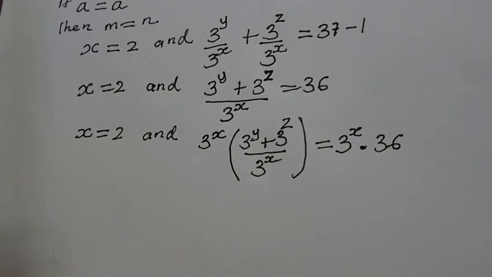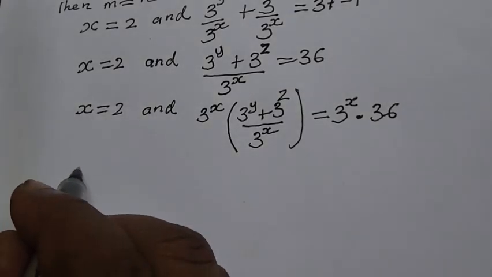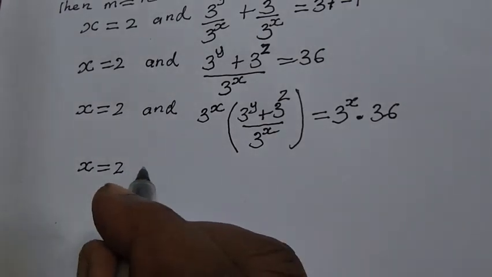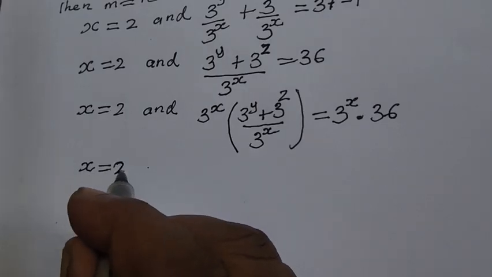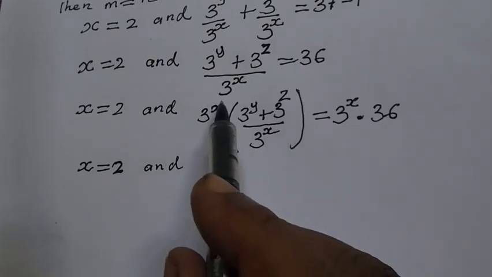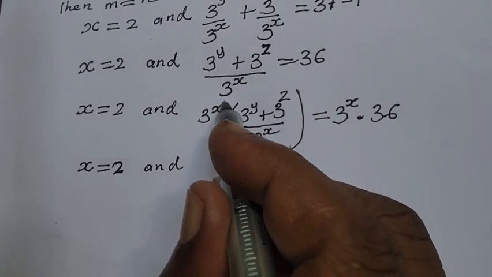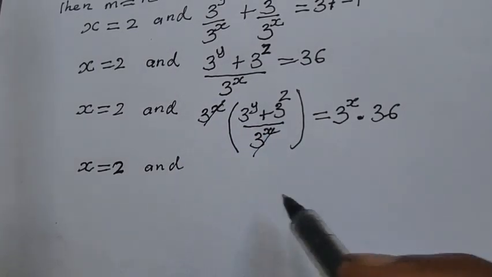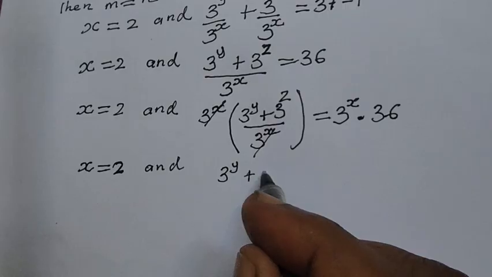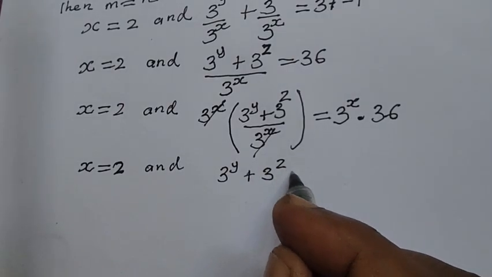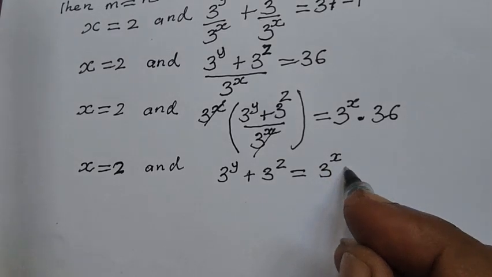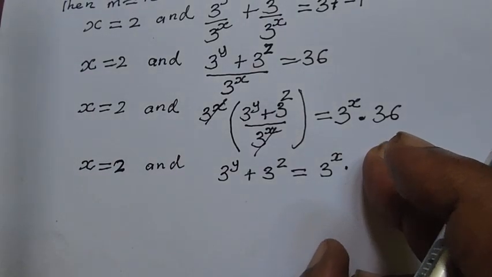Okay, we have x equals to 2, and this 3 power x cancels with this 3 power x, so we remain with 3 raised to power y plus 3 raised to power z equals to 3 raised to power x times 36.